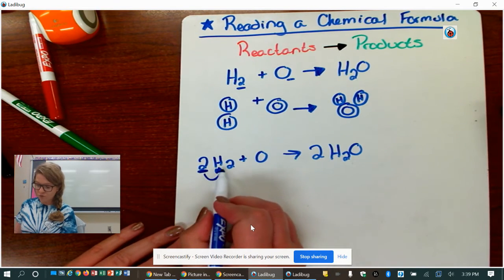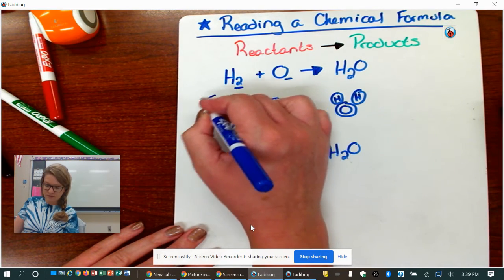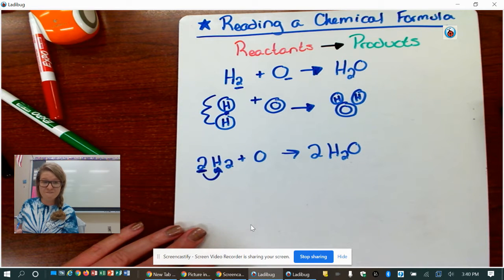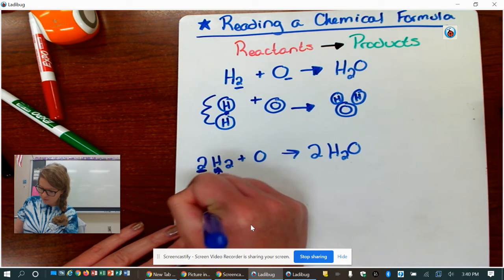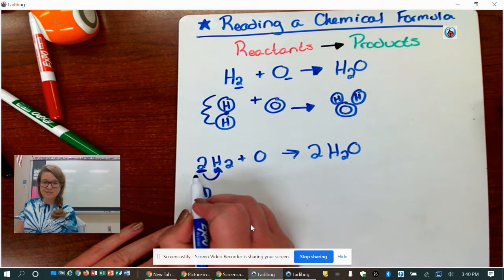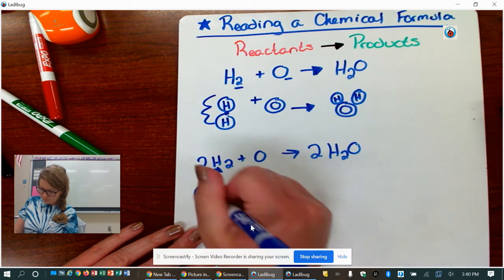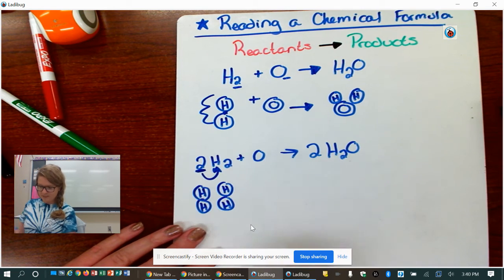So if I have two H2s, this is basically telling me that I have two of these little guys. So two H2s altogether, you would have 4 hydrogens because you have H2, here's one of them, but this number right here is telling you that in this equation, you actually have 2 of them. So that means you have another H2. Everybody see that?